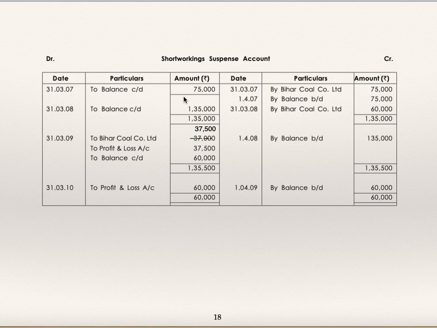Addition of this, to balance carried down next year, by balance brought down to lessee 37,500, 37,000 is printing mistake. This is recovery of short working to profit and loss, short working written off to balance carried down 60,000, fourth year by balance brought down 60,000 to profit and loss, short working written off.